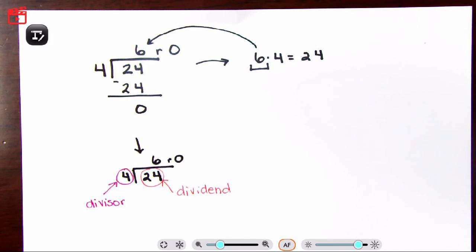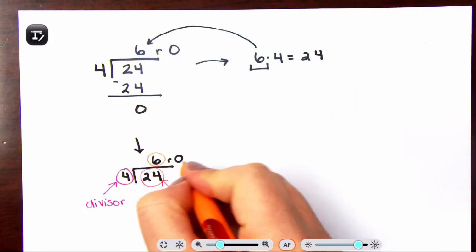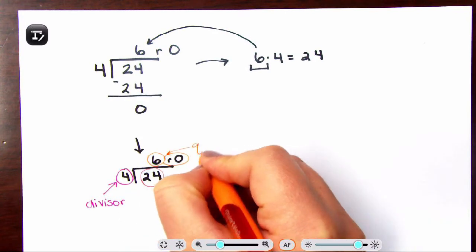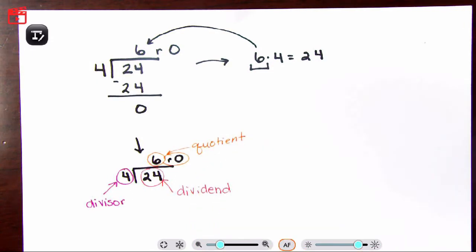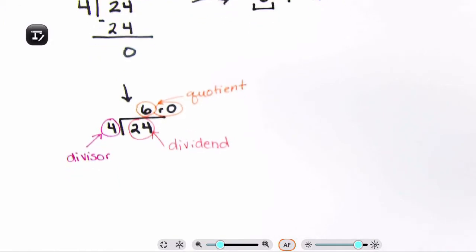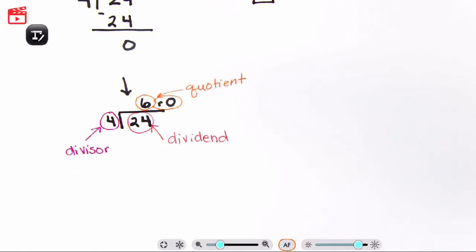And then what we have on top, with the remainder of 0, that's called the quotient. Now, quotient you should be familiar with. That's always the answer to a division problem. Divisor and dividend are a little bit less common, but they're still very, very important for this lesson.